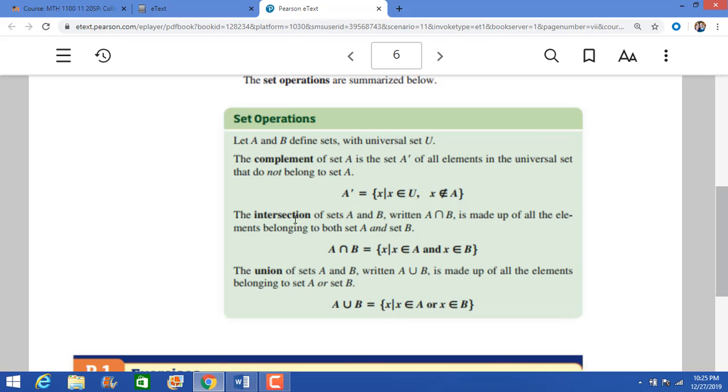The intersection of sets A and B, written using this symbolism, is made up of all the elements that belong to both set A and set B, and we can represent it this way. And then the union of sets A and B, written A union B, is all the elements that are either in one set or the other set or in both. We don't have to write the "both" part, but we basically write it this way.